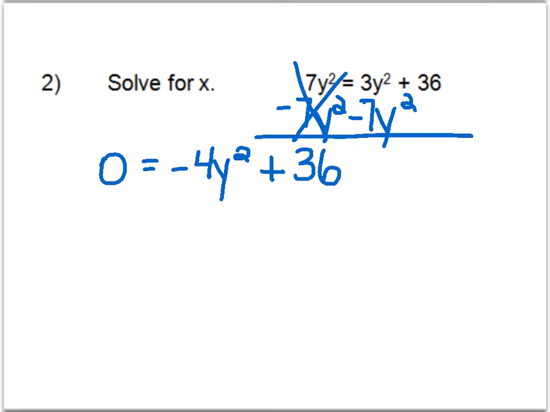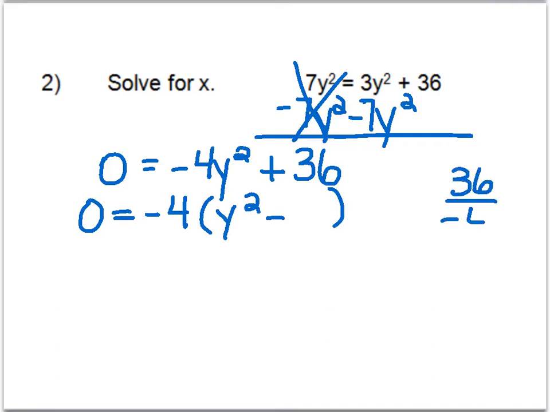And I can see that I have a greatest common factor of negative 4. So I will factor out the negative 4 first. I'm dividing the first term by negative 4, which leaves me with y squared. And I'm dividing the positive 36 by negative 4, which leaves me with a minus 9.